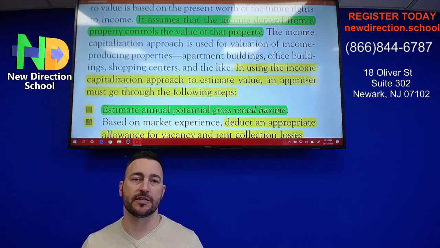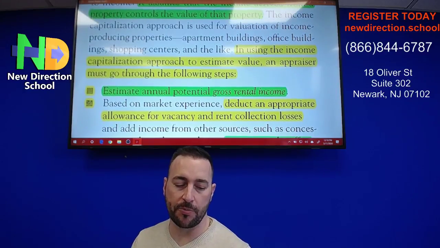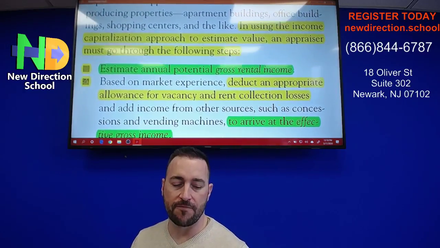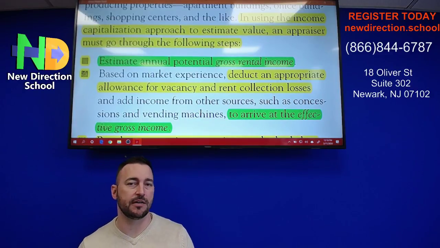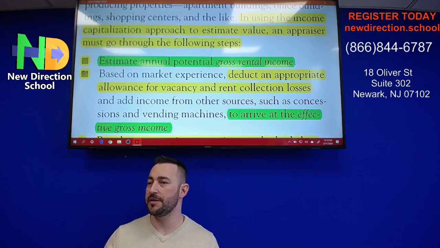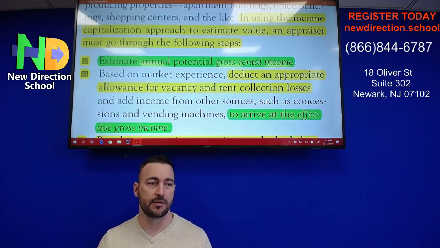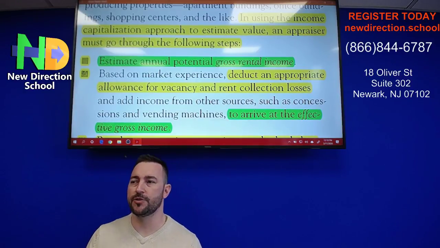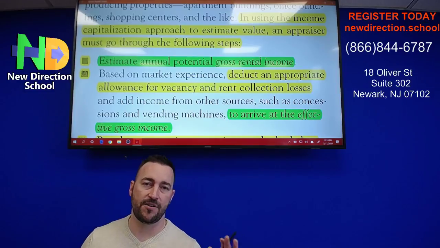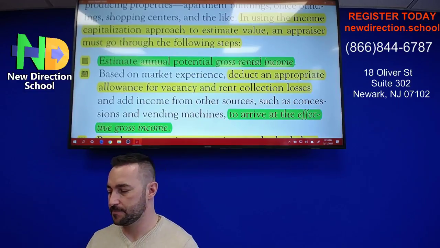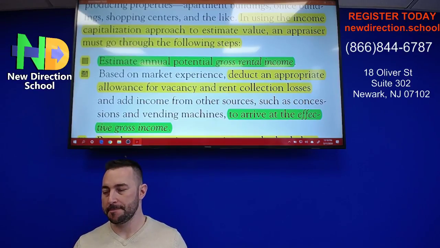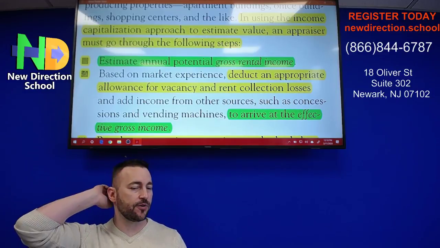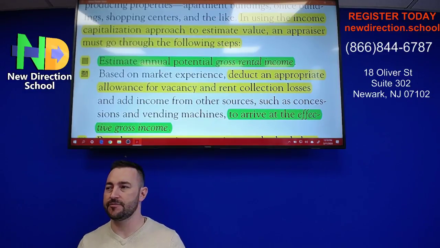Now, based on market experience, we're going to deduct an appropriate allowance for vacancy and rent collection losses. Because do we keep it occupied 100% of the time? No. So there might be like a 5% loss, for example. So I want you to put IE, in example, 5% loss or vacancy. And this brings us to the effective gross income.